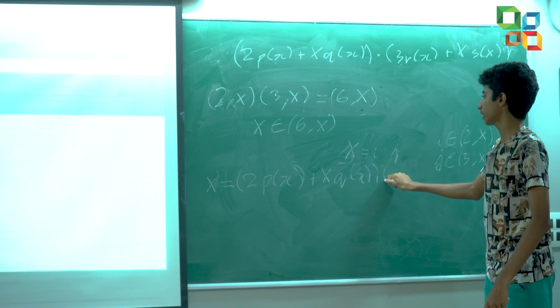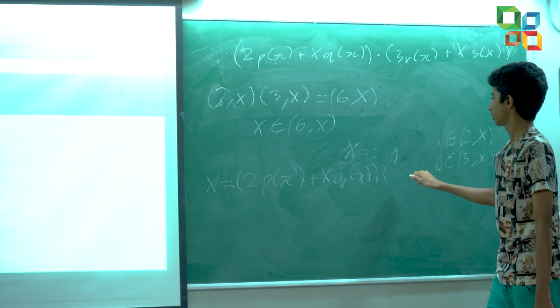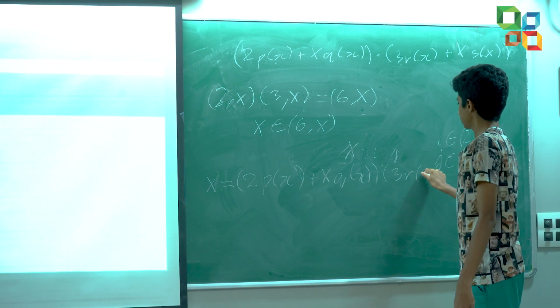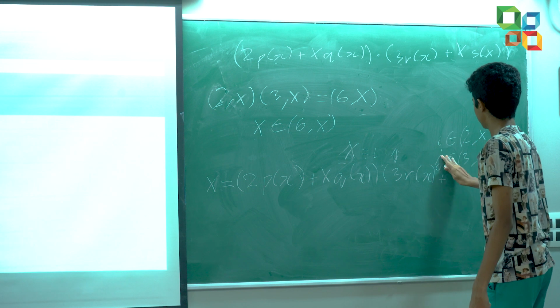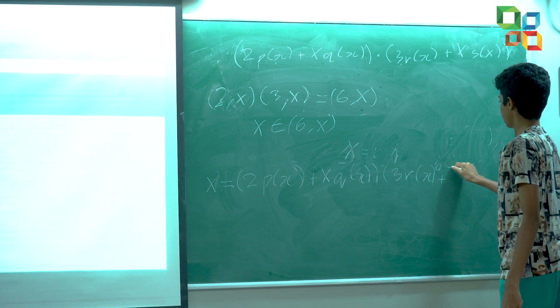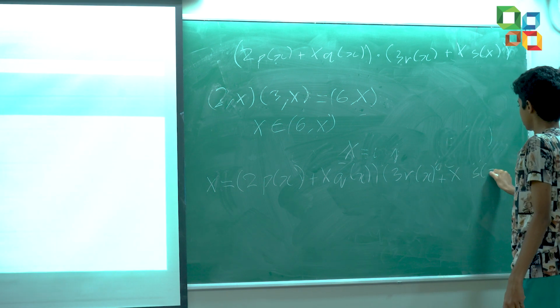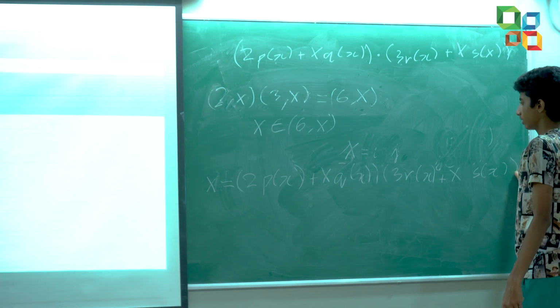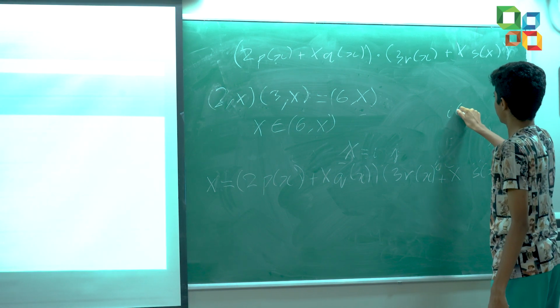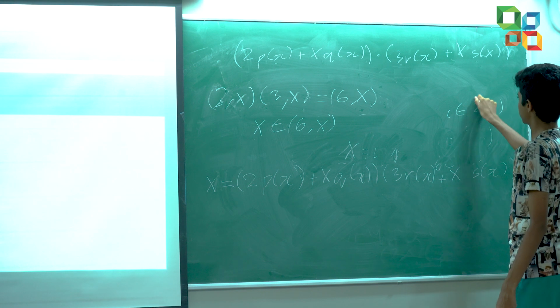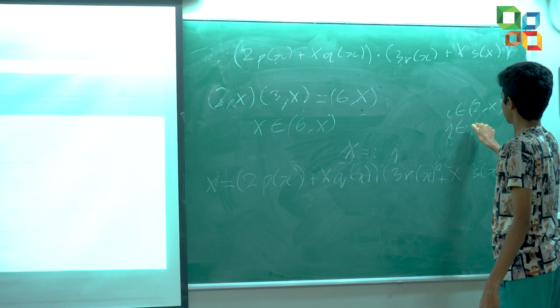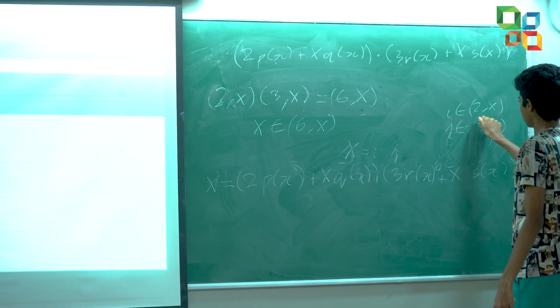And what will be the form of j correspondingly? Yes, 3r of x plus x s of x, right? i belongs to 2 comma x, j belongs to 3 comma x.